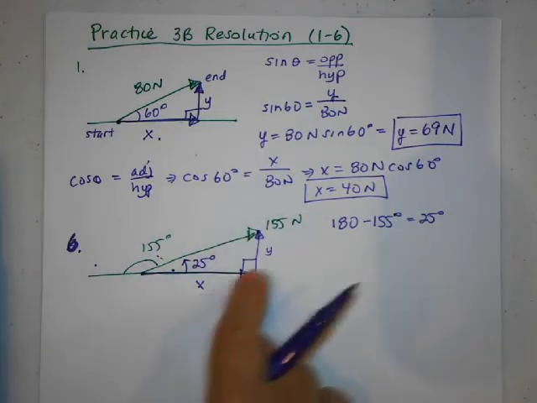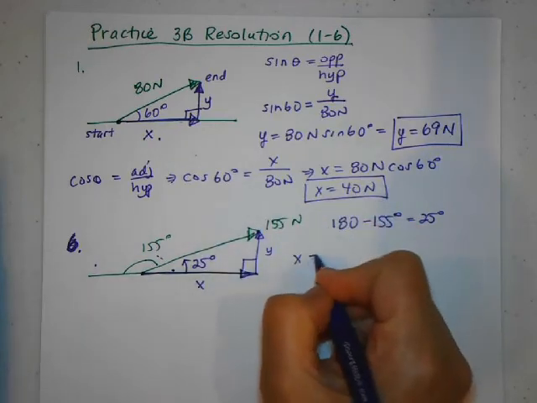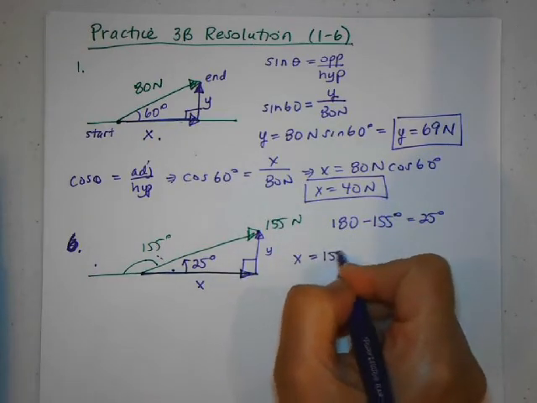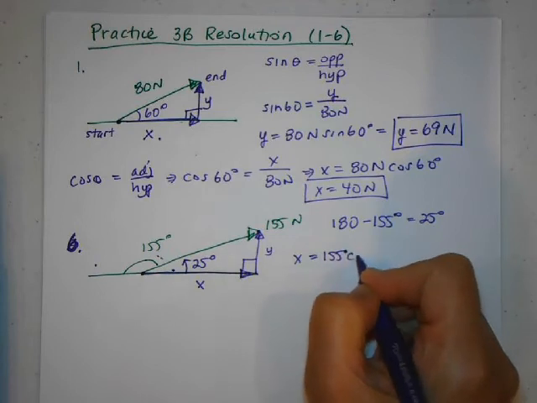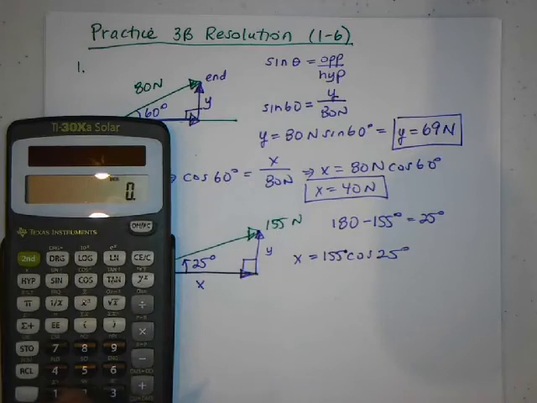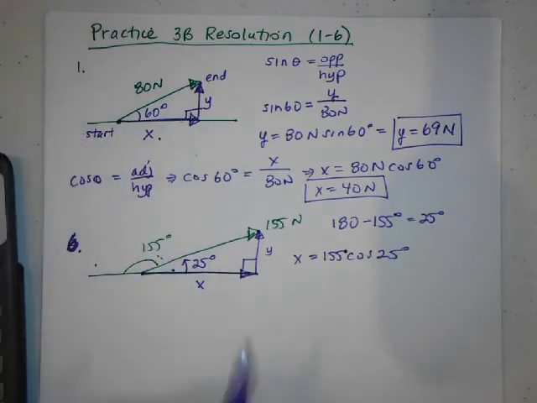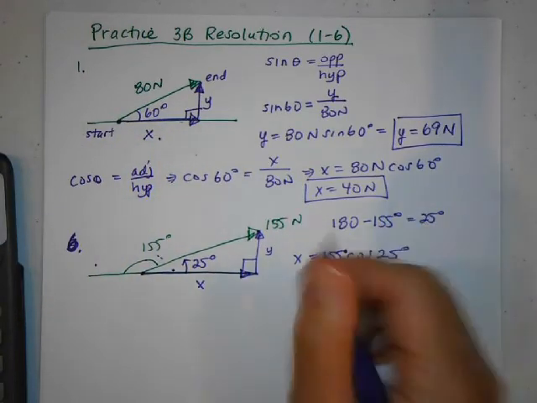To find the x component, which is adjacent to the angle, x is equal to 155 cosine of 25 degrees, which comes out to be 141 newtons.